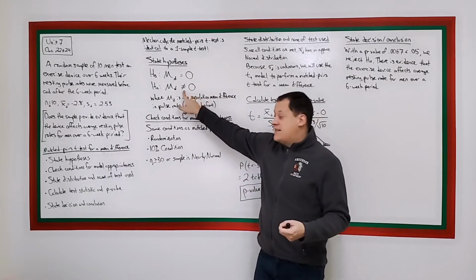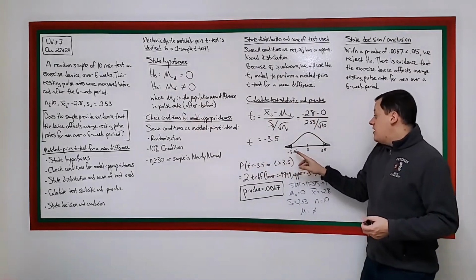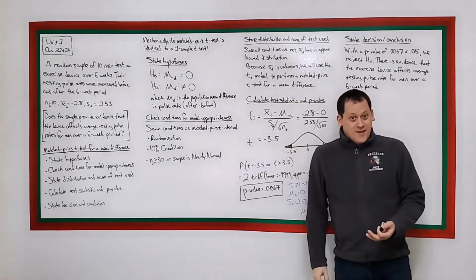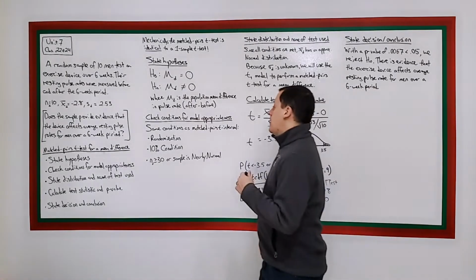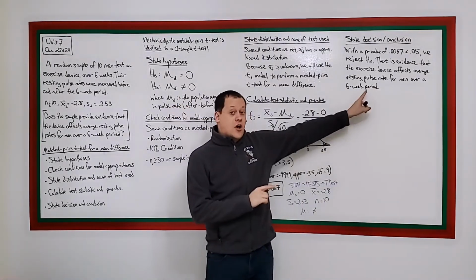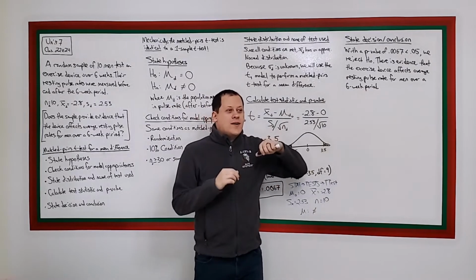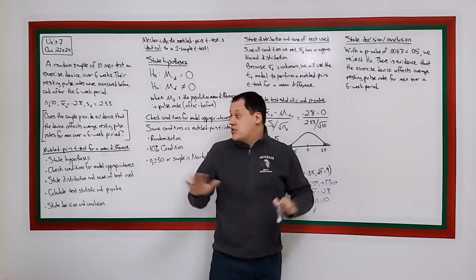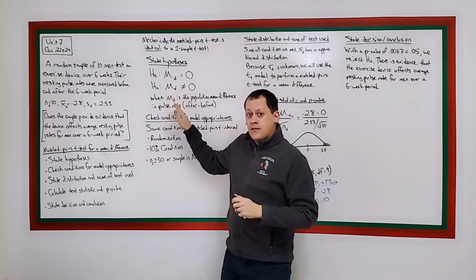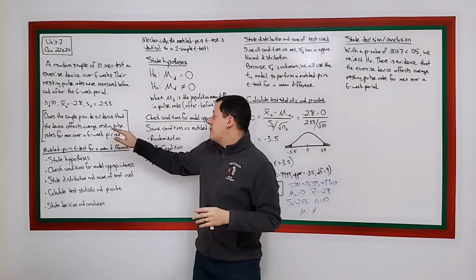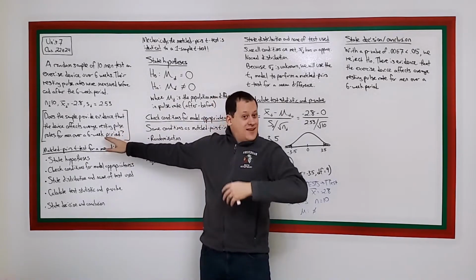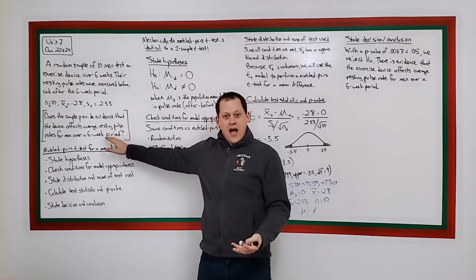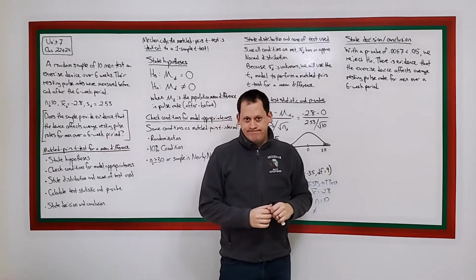It would be a one-sided test. When you calculate your p-value, you would have to use just this area, and then you could say that. But since this is a two-sided test, this is all we can say. So make sure that your conclusion matches your test. And the best way to do that, if there is a question that is asking what you want to show, just copy that language into your conclusion.